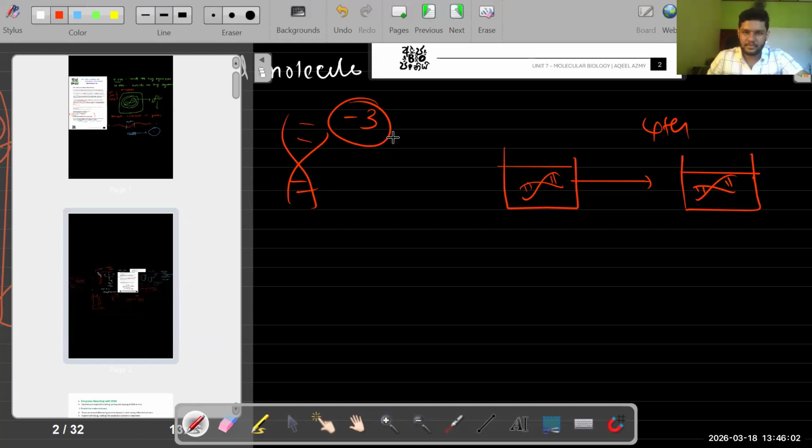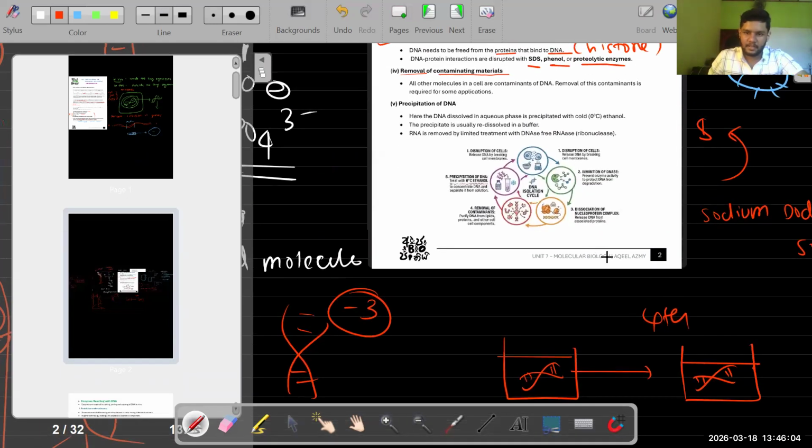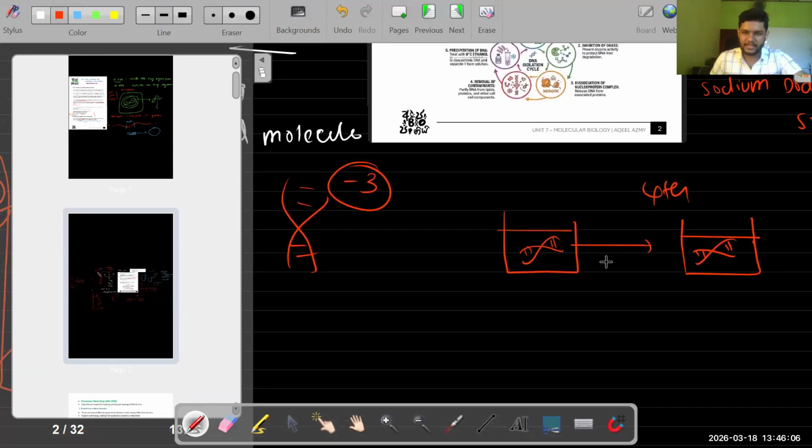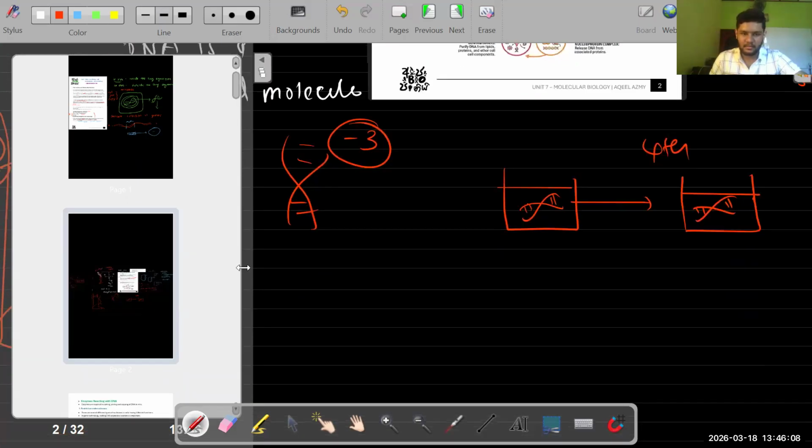By the time it comes to this fifth step, what does the aqueous form contain? DNA only. Very, very good, right? You got that idea. Now, DNA is present.